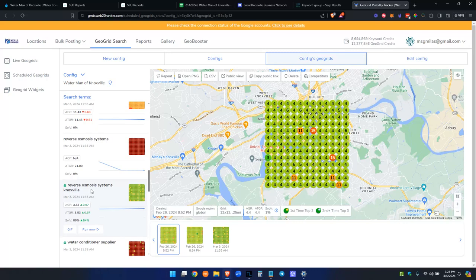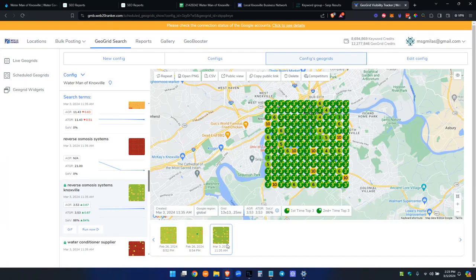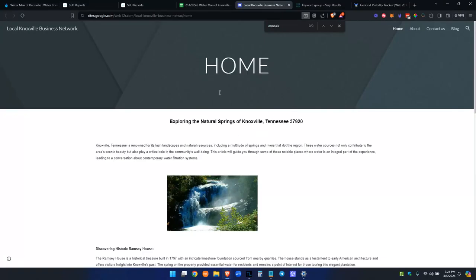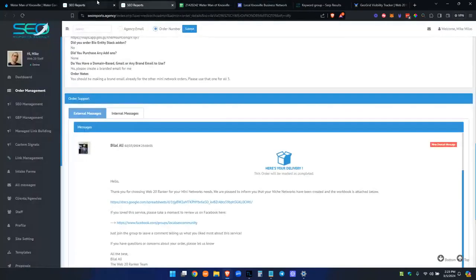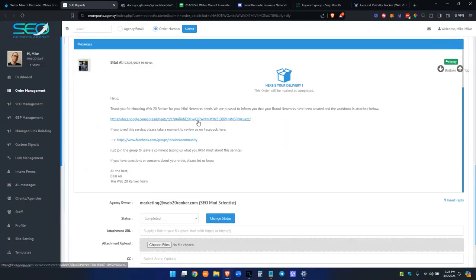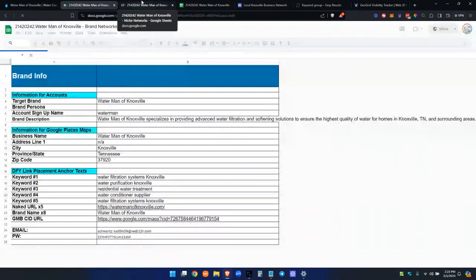Looks like reverse osmosis systems Knoxville definitely jumped up. It'll be interesting to see if we have any references to osmosis in any of these. That would probably be this one here, right?